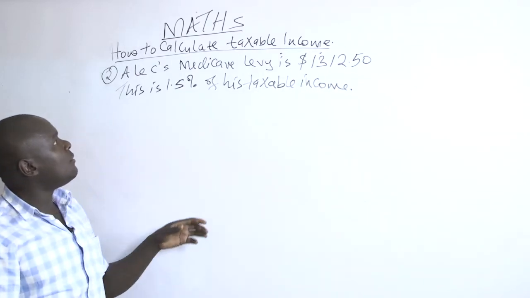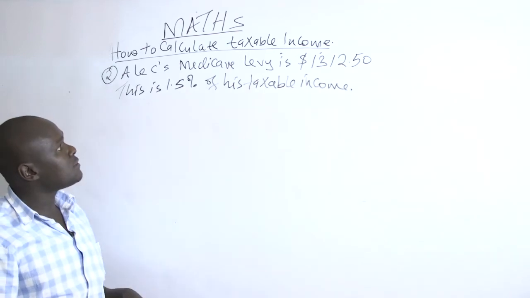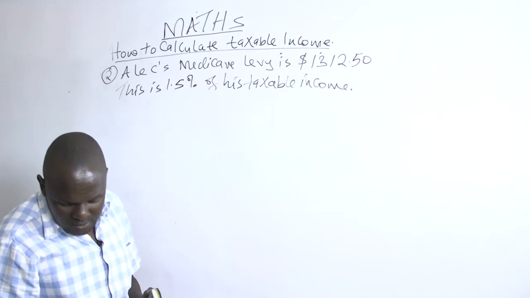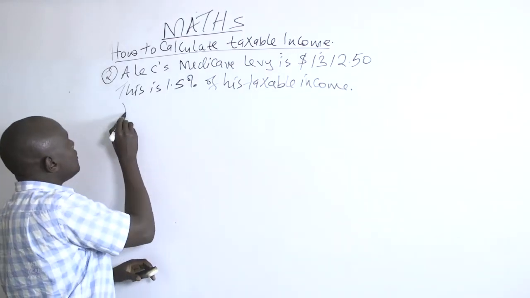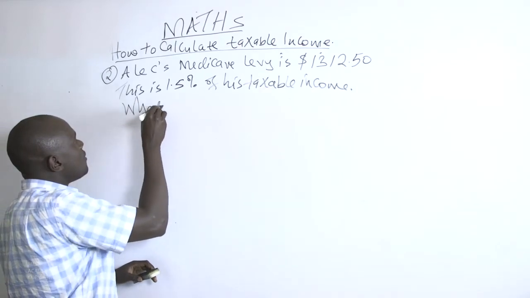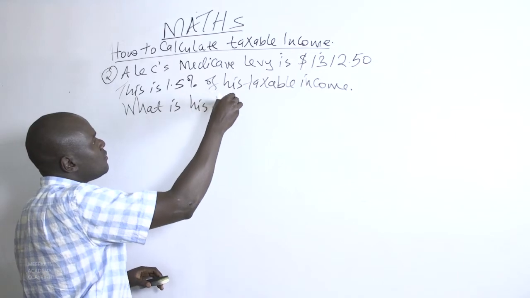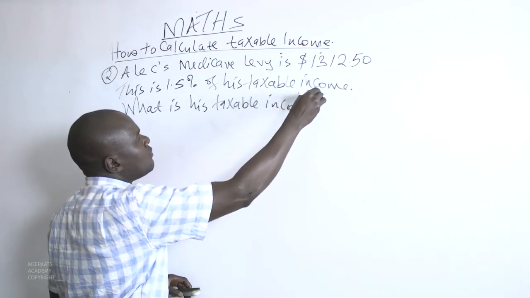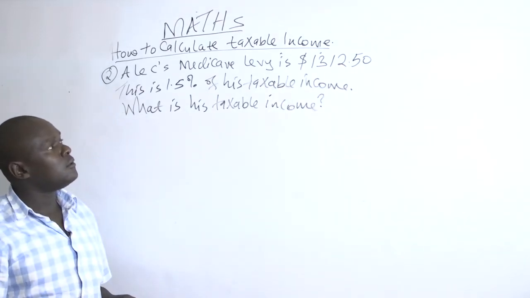Of course, Medicare levy is usually at 1.5% of the taxable income. So what is his taxable income? The question is, what is his taxable income?